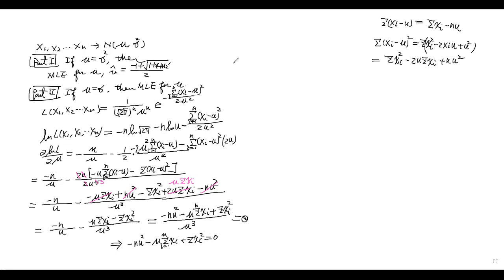So let me just multiply by the negative sign in front. So I will have n mu squared plus mu summation of xi, i from 1 to n, then minus summation of xi squared. All right, so I will set this one equal to 0.